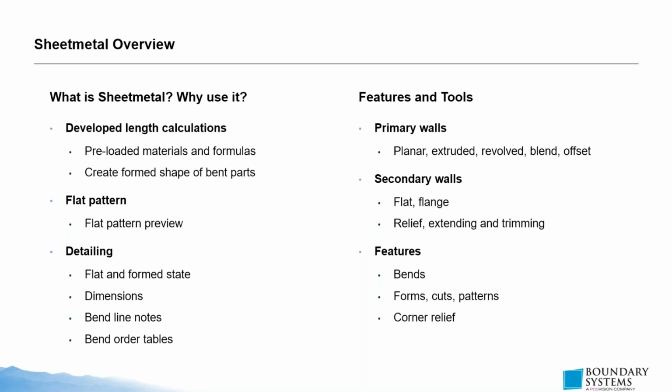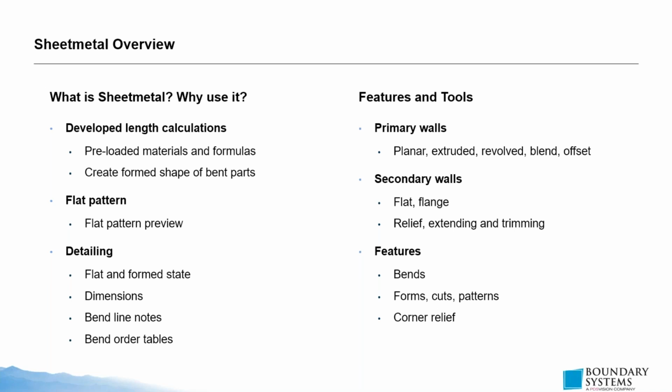Creo comes with many preloaded materials and formulas so that any of these operations that you do are going to be accurate to the real world. And of course, you can use that information to figure out how much material you have to start with with that final design in mind.